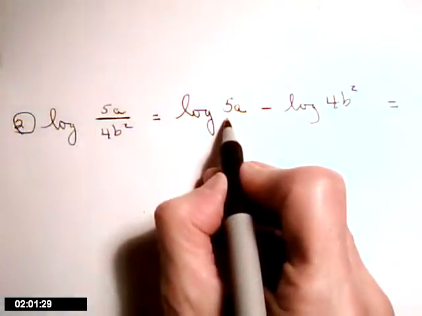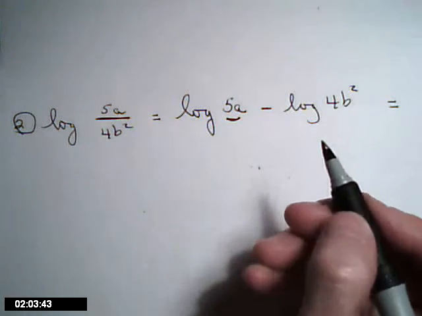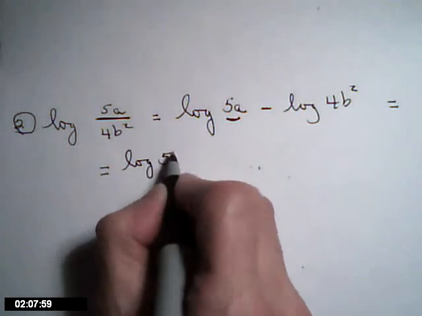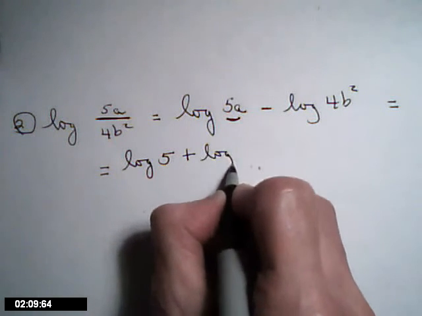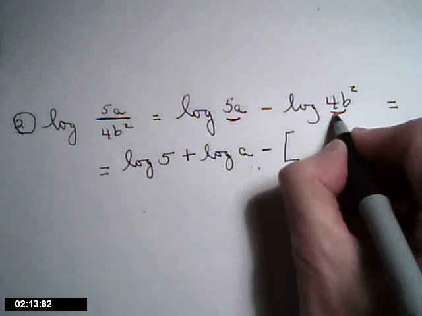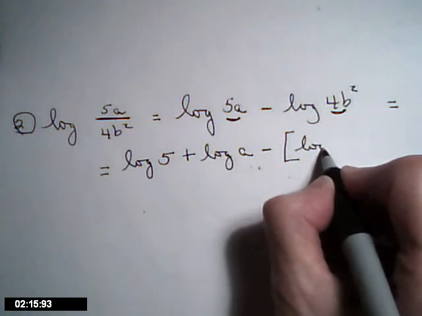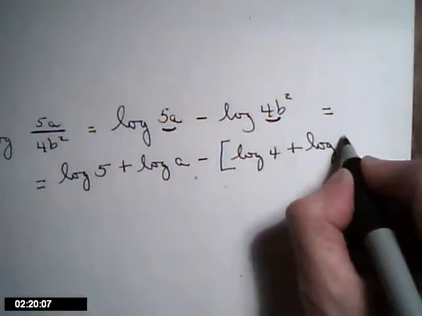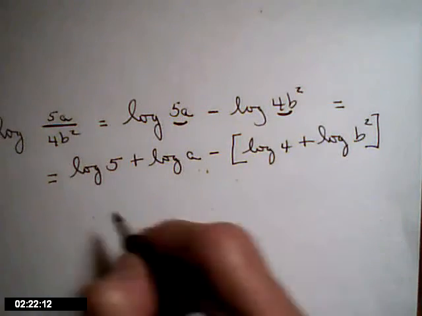Now, since I do have a product, that needs to be associated with addition, so that's going to be log 5 plus log a, minus, now I have another multiplication, so this will be log 4 plus log b squared.